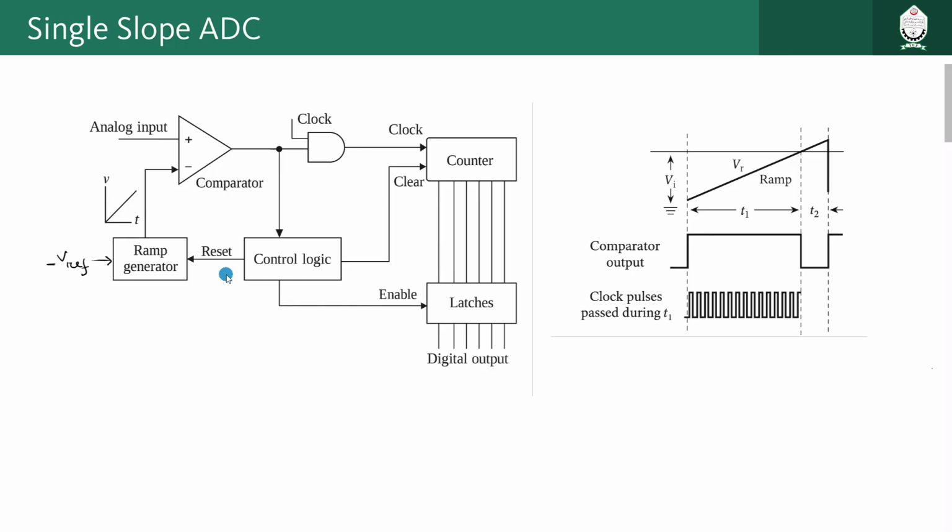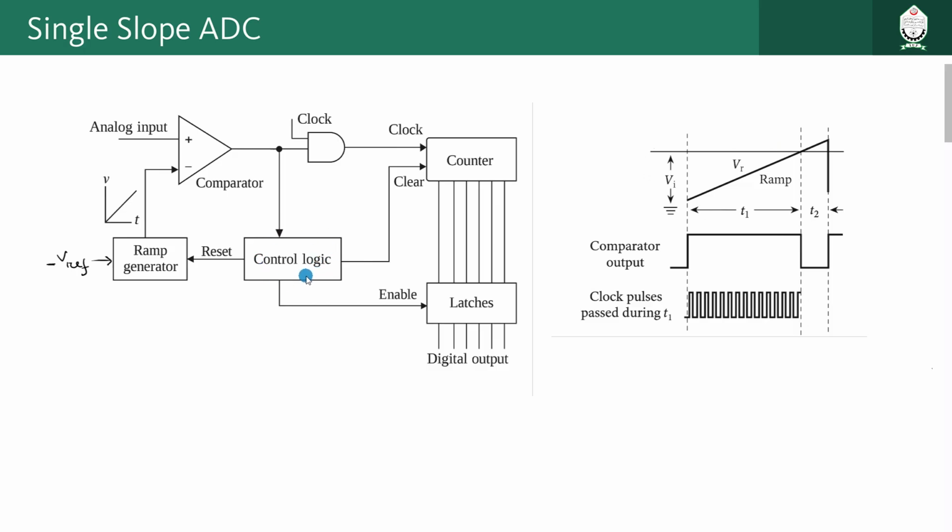So as we have learned about the functionalities of all the components, now we can start with how it works. We know that this RAM generator can increase its voltage starting from 0. Incrementally, with a positive slope, it will increase its value. The whole device starts working through the signal of the control logic.